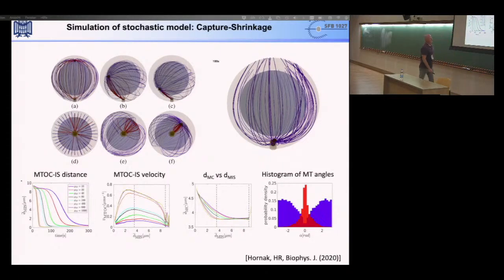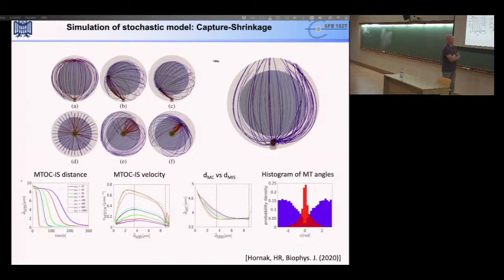But when you assume reasonable numbers, you see here, this is in seconds, then you are in the range that is also observed in the experiments.